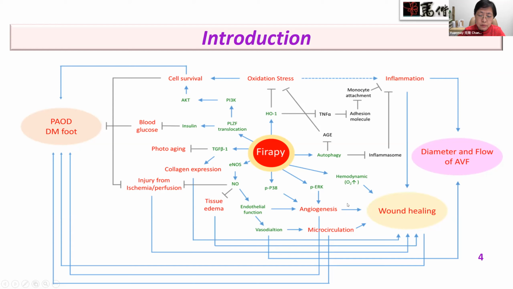Also, it regulates vascular tone and permeability, and inhibits vascular inflammation through oxidative stress, which is from HO-1 and TNF-alpha, to reduce inflammation in the body.